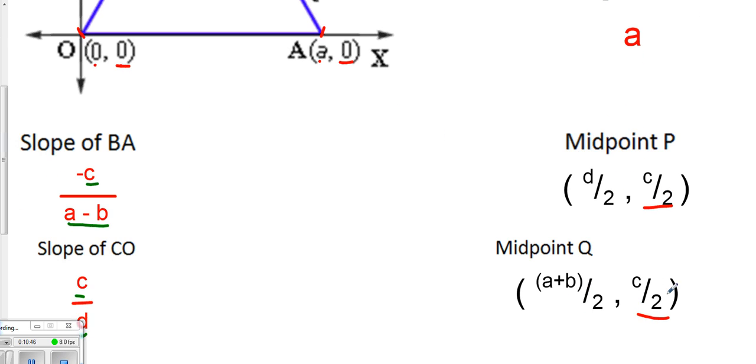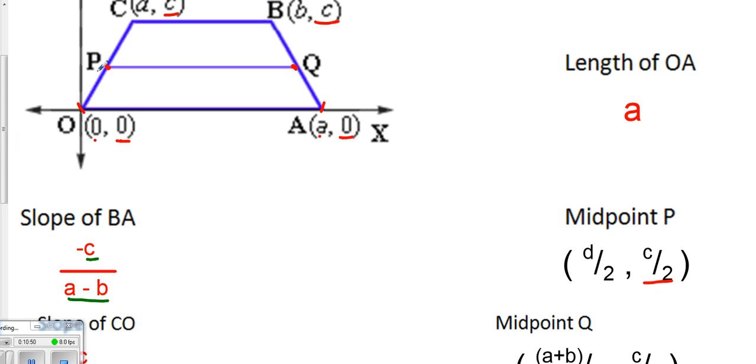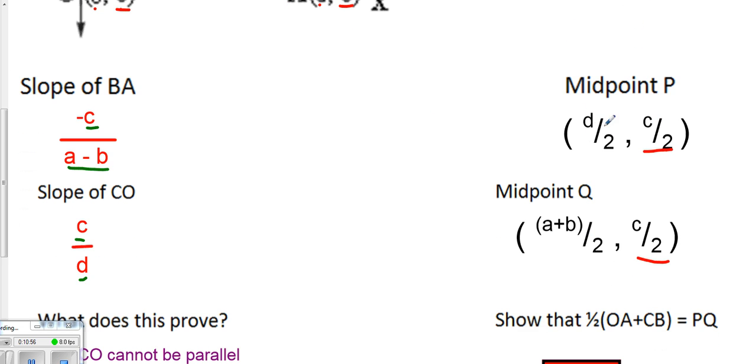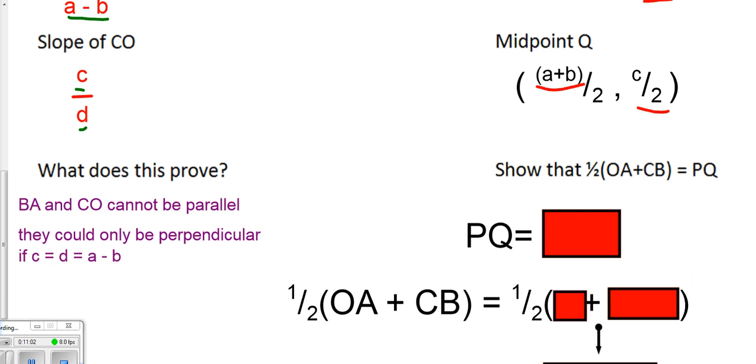These are both at c over 2. So all we need to do is subtract this x value from this x value. So we need to take d over 2, subtract it from a plus b over 2. And we could combine those all into one fraction and say a plus b, subtract d, and that's all over the same common denominator, 2. So PQ, that length, is whatever a plus b minus d would be.